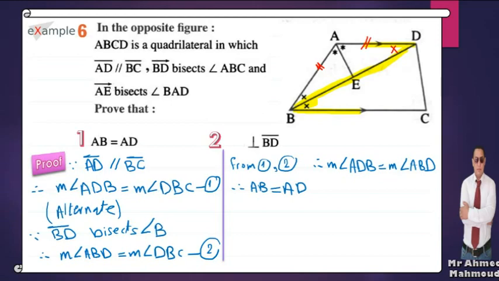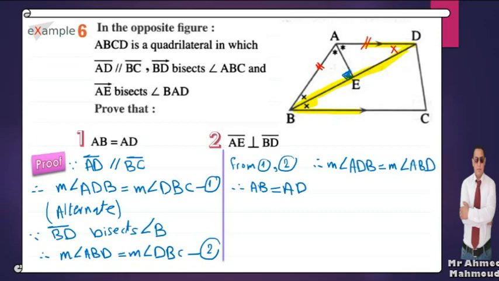The second required with us, prove that AE is perpendicular to BD. As we said before, since we have an isosceles triangle and this line bisects the vertex, then this line is the axis of symmetry which is already perpendicular to the base.